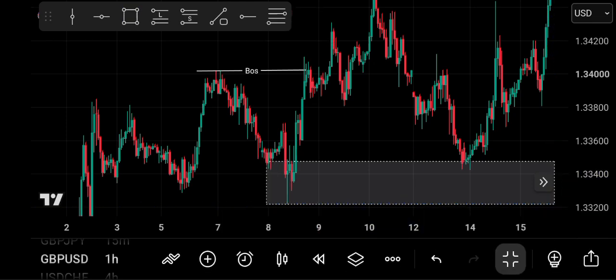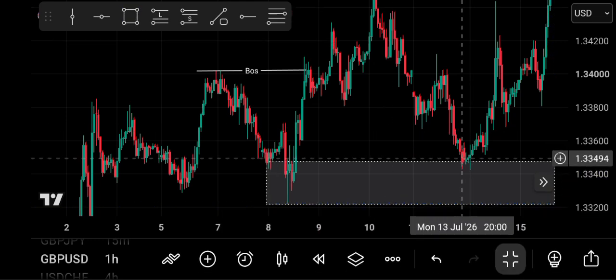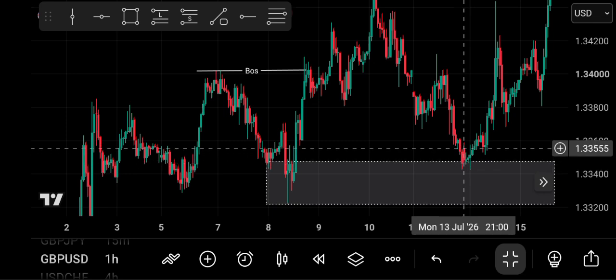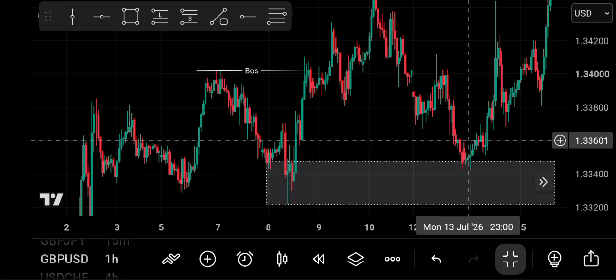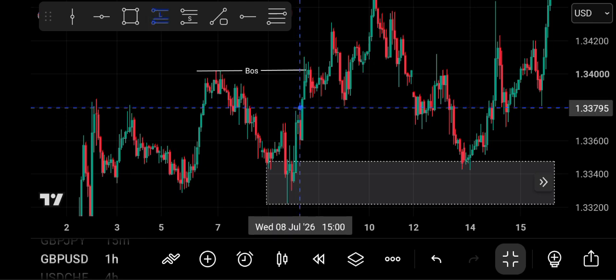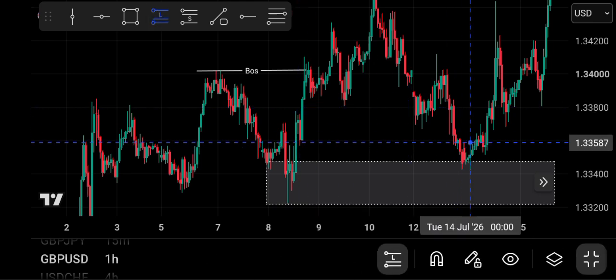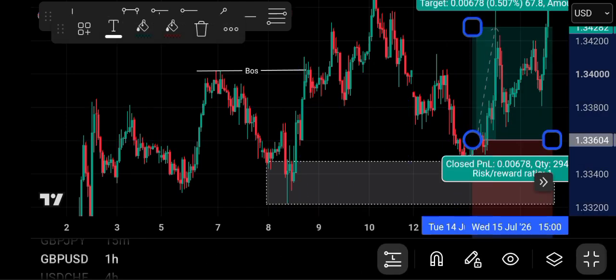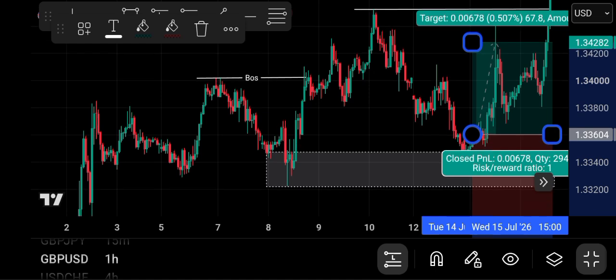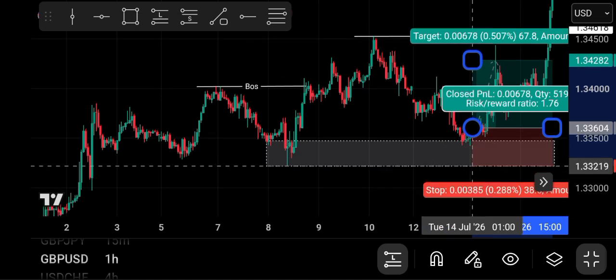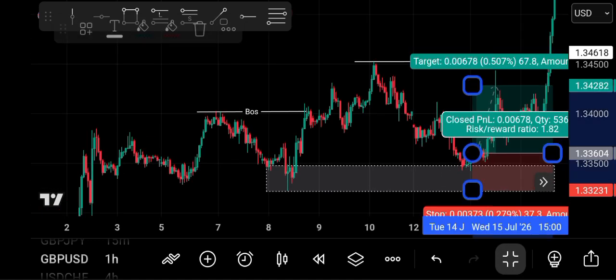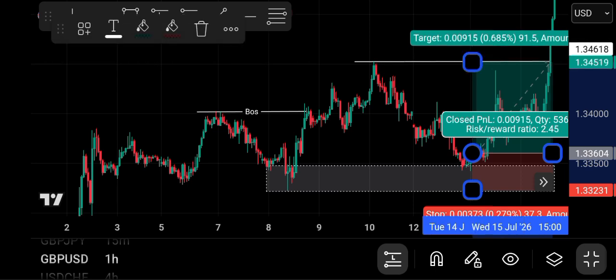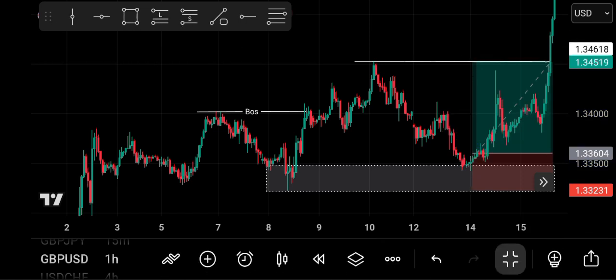Now we see price came here to tap our bearish candle, our demand level, and had a close of candle somewhere here. So if someone was entering, they would enter here, put their stop loss here, and their target should be here, ideally. That's the situation.